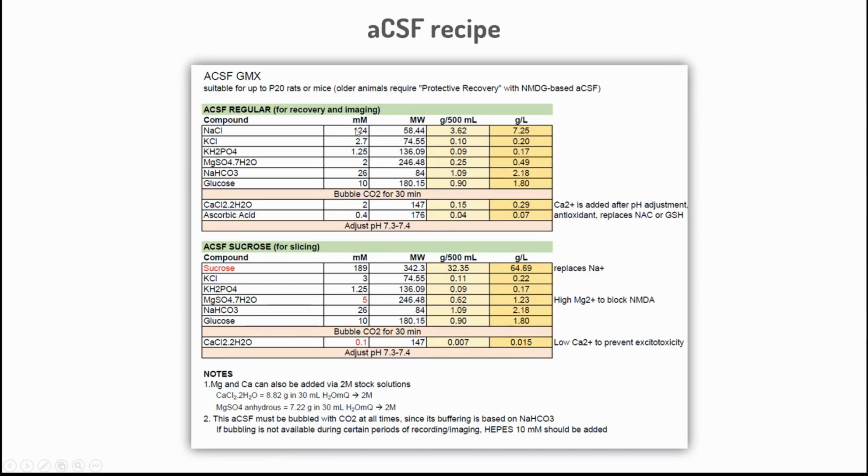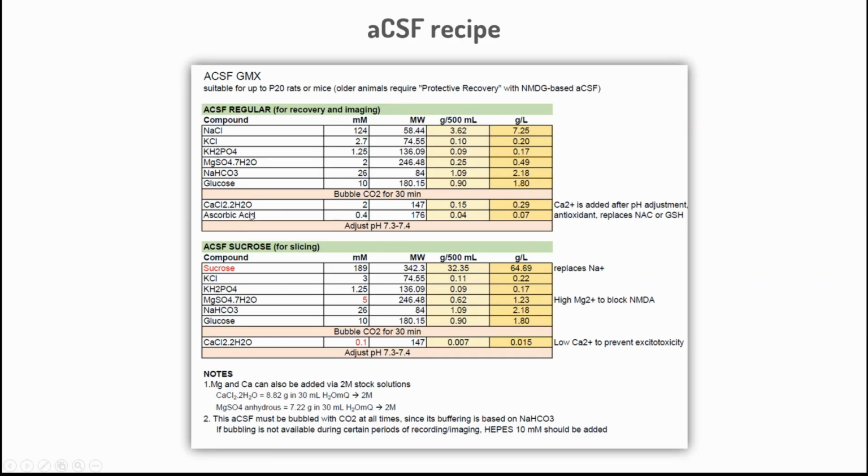And the regular one has the regular concentration of all the ions. Sodium is the main extracellular ion, potassium is the main intracellular ion, and you have phosphates to maintain the pH, and you have magnesium for the channels, for the NMDA, calcium, and bicarbonate. The bicarbonate is mostly to maintain the pH with the bubbling system, and glucose.